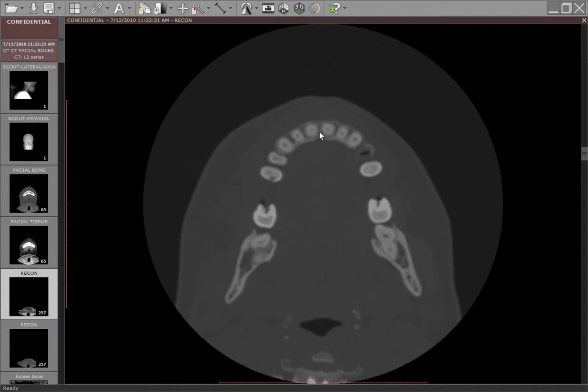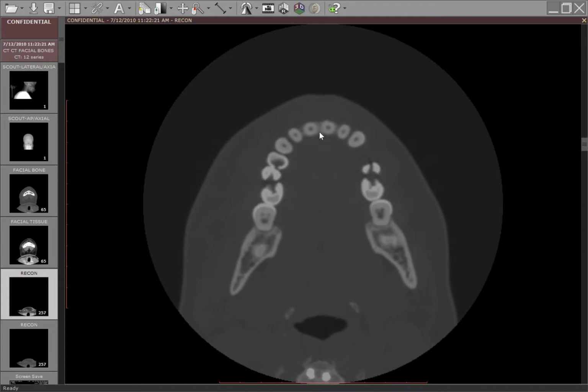Okay. So take a look at this tooth, the right maxillary first premolar. There's decay involving the distal aspect of the tooth. There's demineralization of the enamel, and then there's demineralization of the dentin.